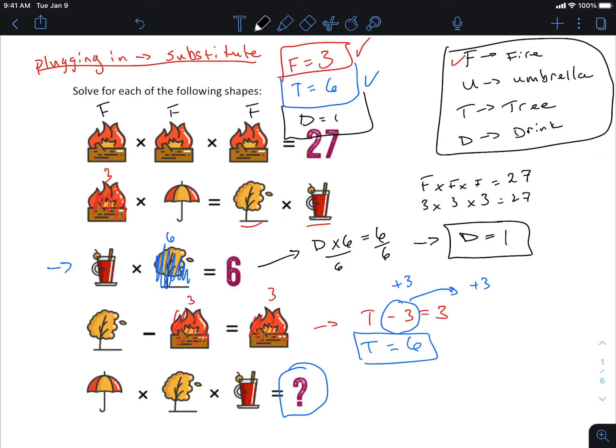All right, well, then we're almost done. We've got the drink and we've got the tree. So we need one more, and we need to find the umbrella. So we go find our equation that has 4 things in it, or 2, or whatever it is.